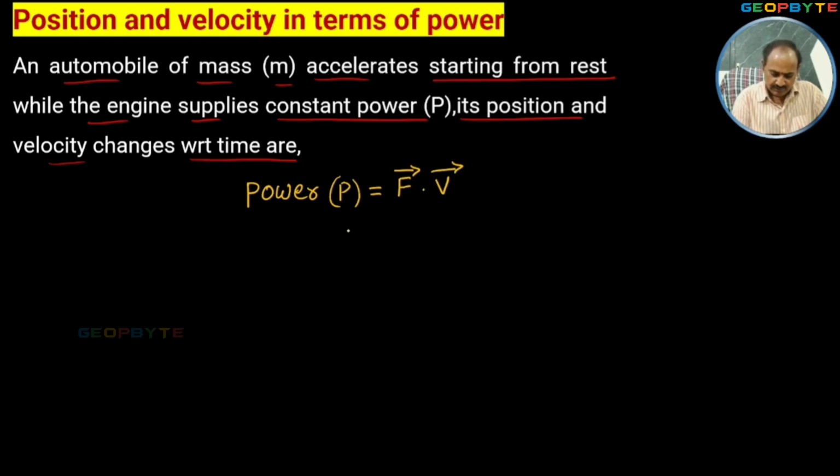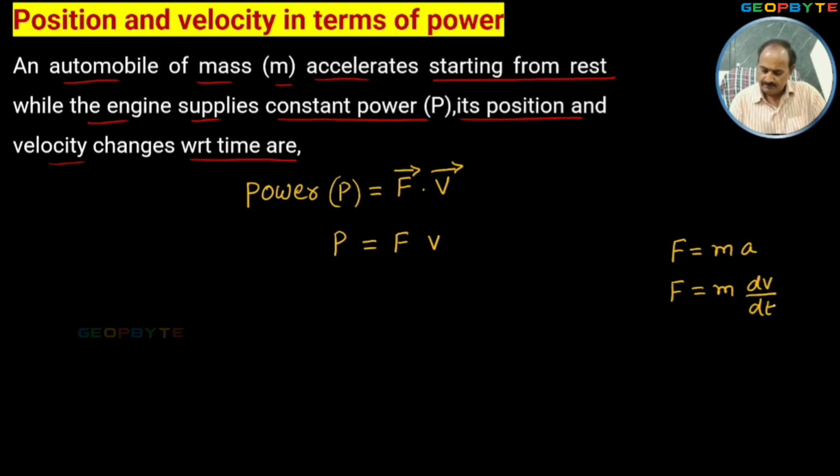It can also be written as F into V. As you know, force F equals mass times acceleration according to Newton's second law of motion. Force F equals m into acceleration, which equals dv by dt.